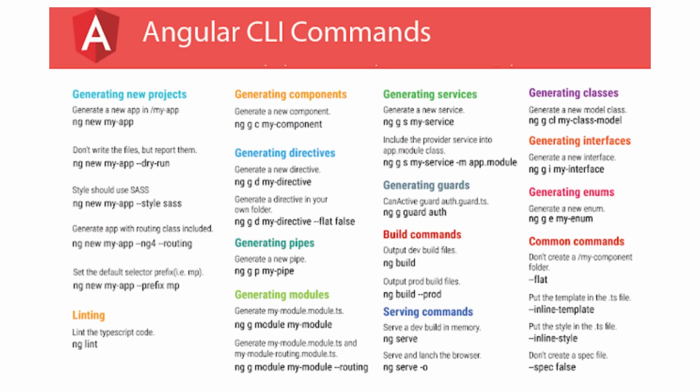So generate component and the component name you have to specify. These four parameters you have to specify: ng, g, c, and the component name, my component, or likewise. So this is all about generating a component. Whenever you give this command, the four related component files will be generated.